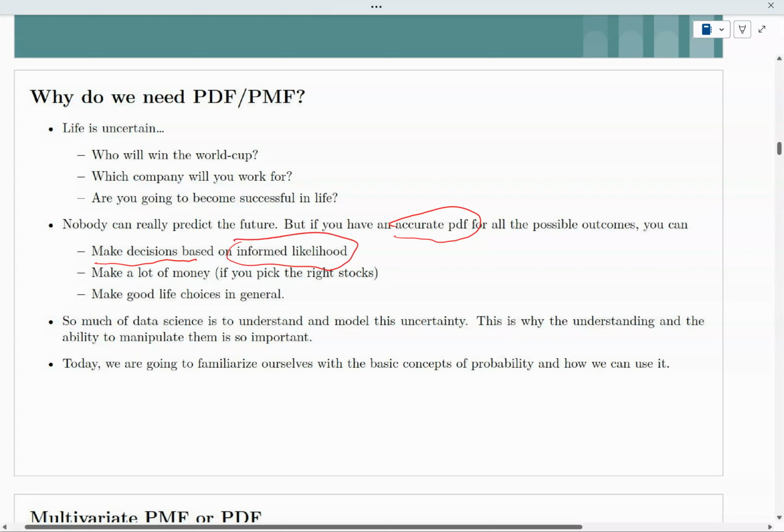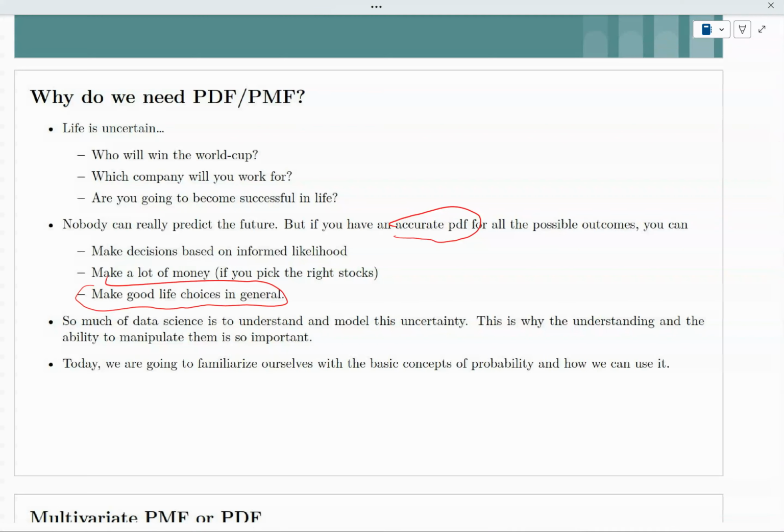If you're highly likely to succeed doing ABC, then it makes sense that you pick ABC. Or if you are very good at it, you can pick the right stocks and make lots of money, or in general just make good choices in life. So much of data science is really about understanding and interpreting this uncertainty. And that's why understanding how to model uncertainty is really important.